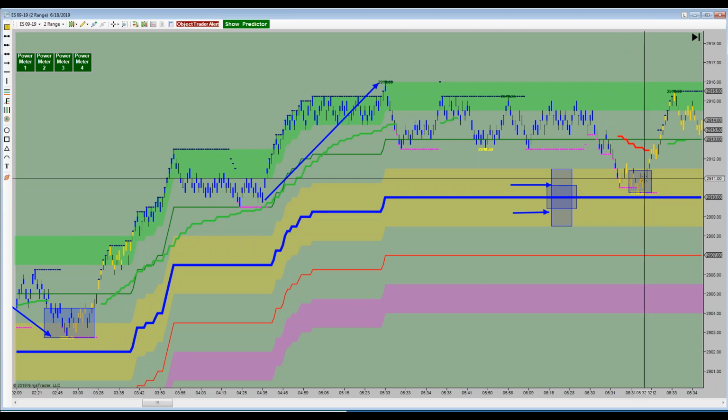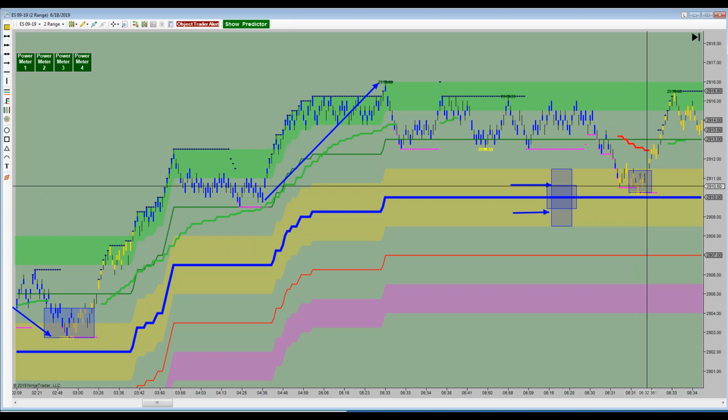One thing I want to say on ES, and this is why I personally like ES, is that it's not so whippy. It tends to respect support and resistance levels a little better than some other instruments. Sometimes you can sit in these positions for 30 seconds to a minute, sometimes a minute and a half, 2 minutes. So there's plenty of time to contemplate taking a trade here.